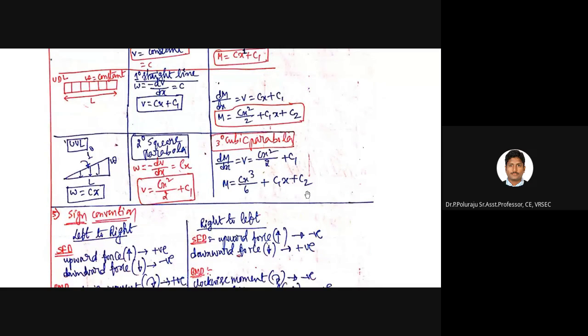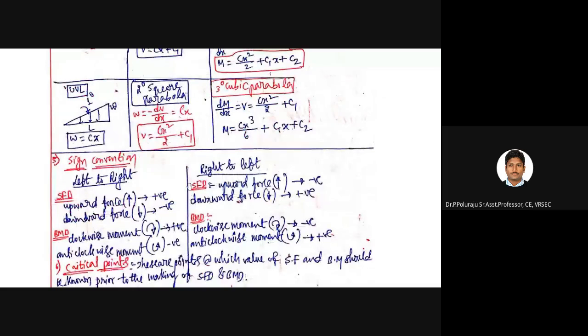And what is the sign convention? Left to right and right to left. If you want to go, this should be followed. If you are moving left to right, A to B in a beam, upward force is positive, downward force is negative.